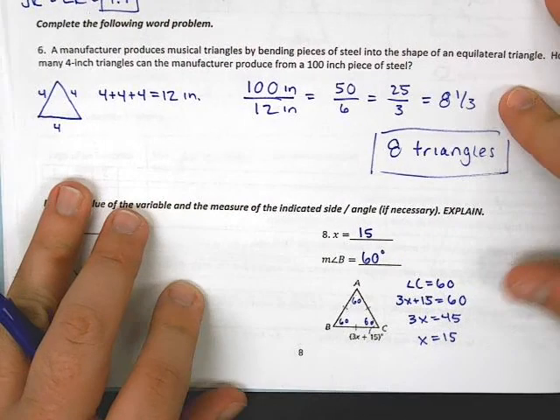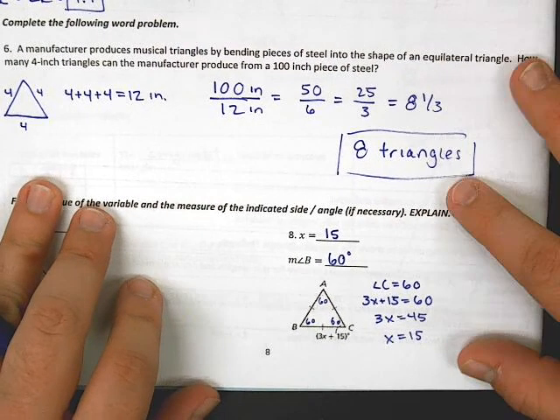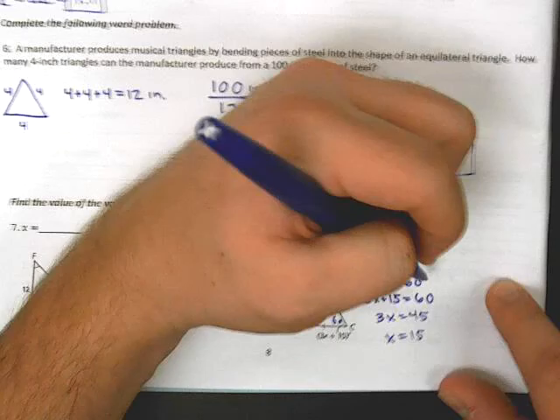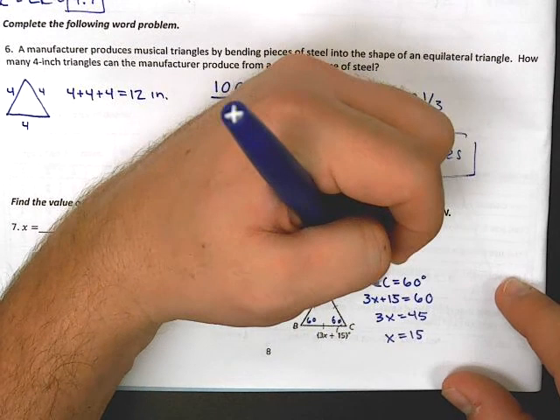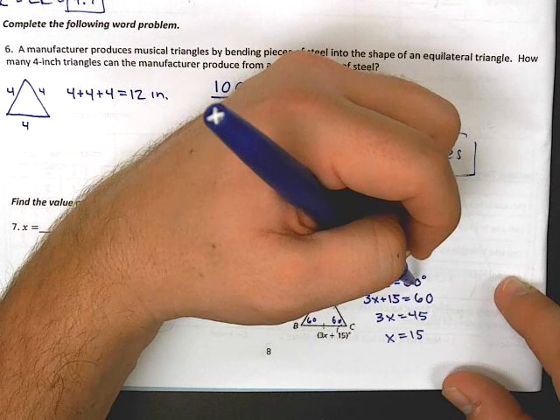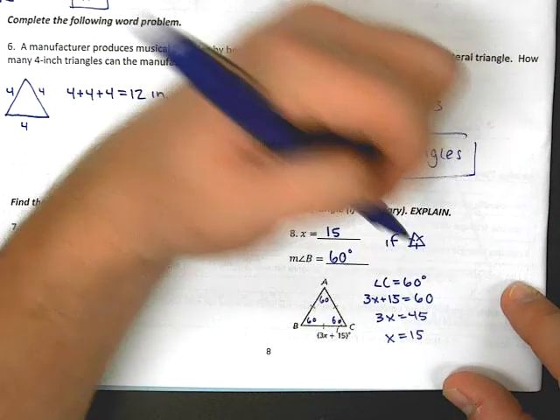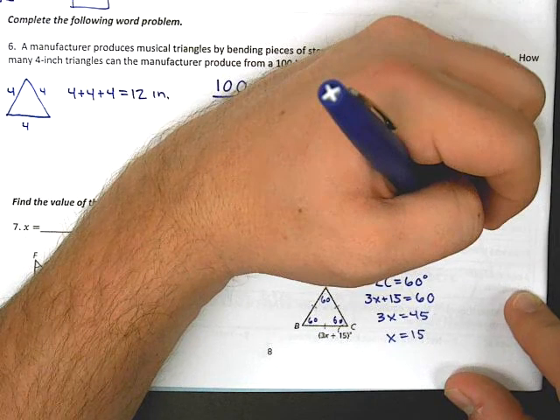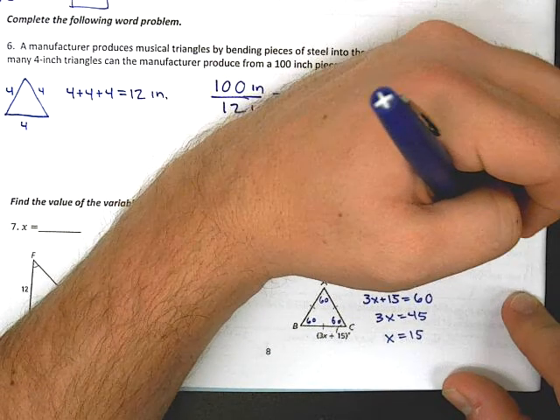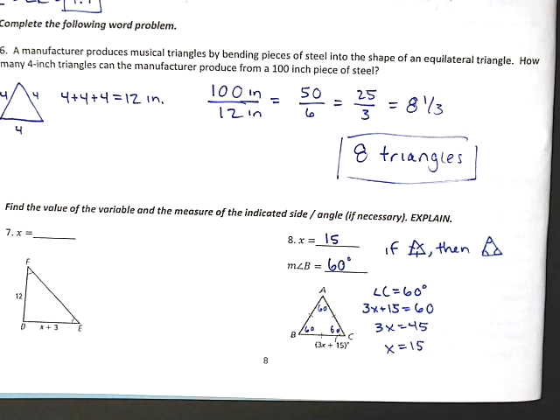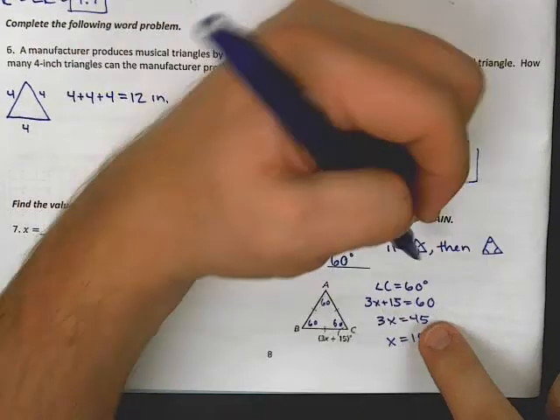So the only thing I need you to really write for an explanation here, guys, is how you got to this part right here. How did you know that angle C had to be 60? Well, that was because if equilateral, then equiangular. And that is really all I'm looking for in explanations.